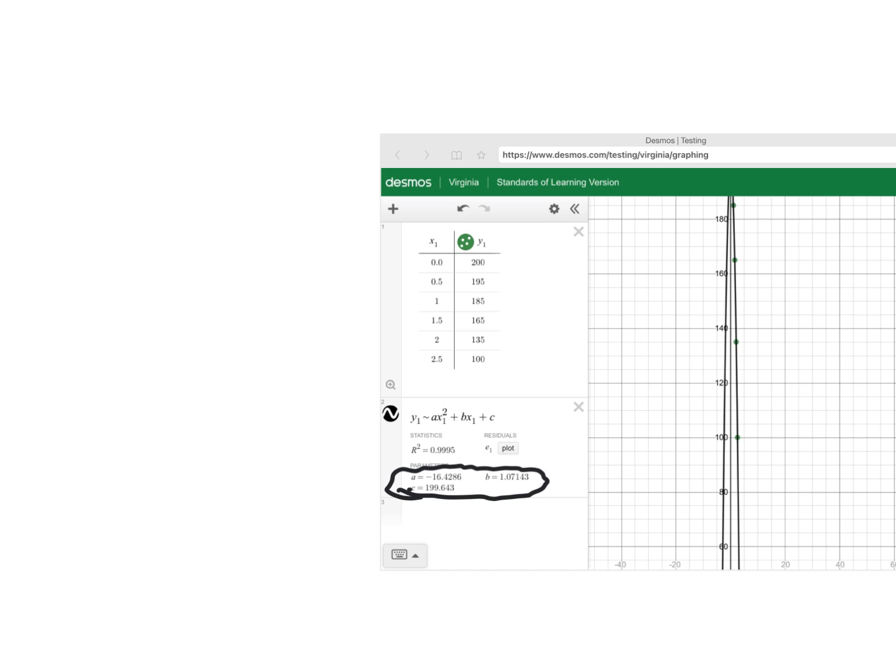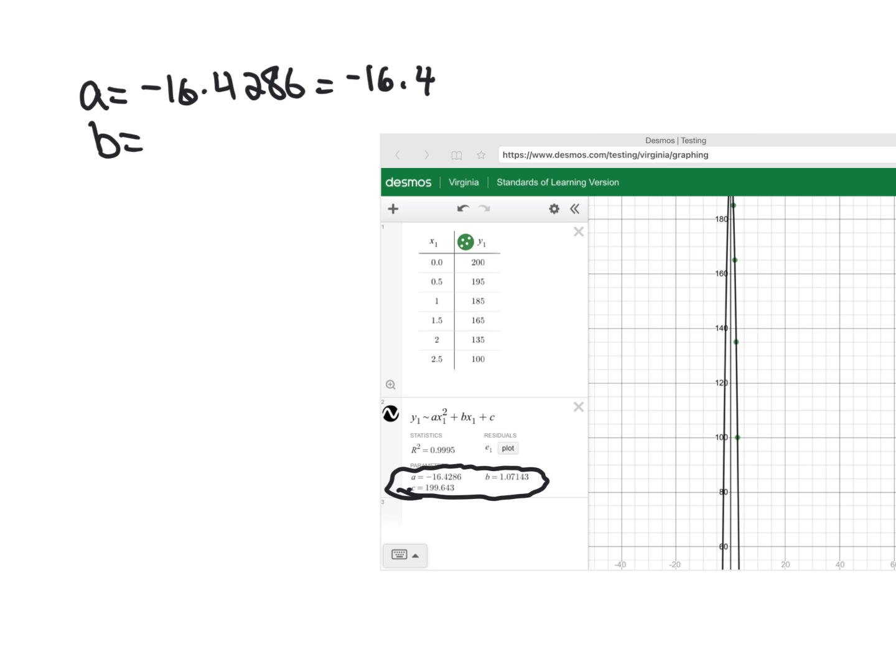And what you would want to do is you would want to round those. I would say round to the nearest tenth would be in good shape. So if A is equal to negative 16.4286, I'm going to round that to be negative 16.4.